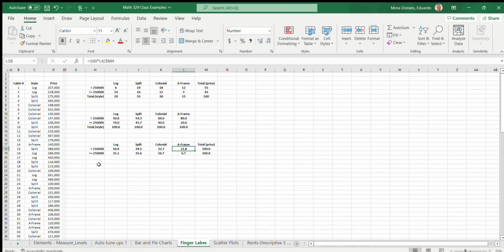So the most popular of the styles under 250K is split. And the most popular over 250K is also split. Split turns out to be also the most common style. So we have a lot of information here in these three tables.